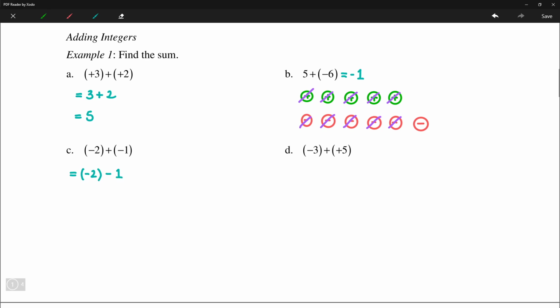So we are starting at -2 and moving farther to the left, which means we have a sum of -3. Okay. Similarly, in the last example, we start at -3 and then we move 5 spaces to the right. So that will result in +2.